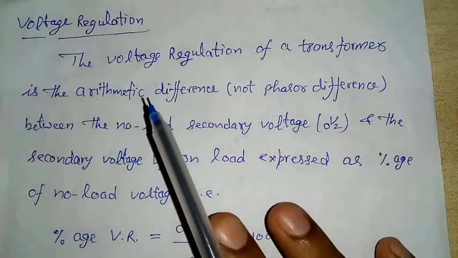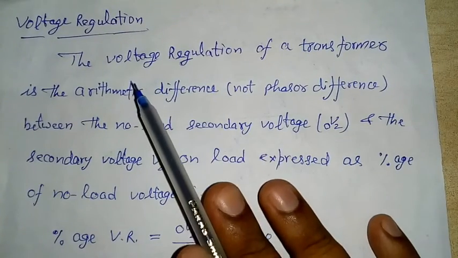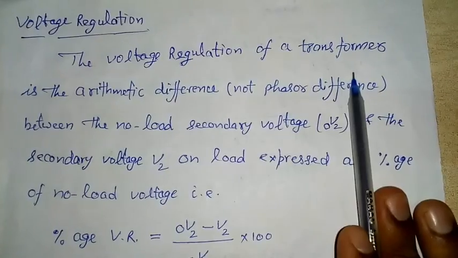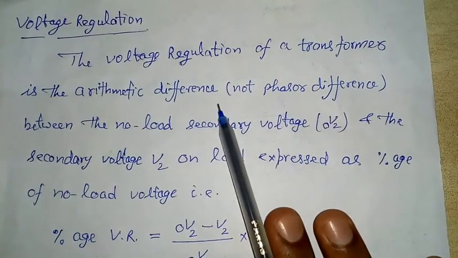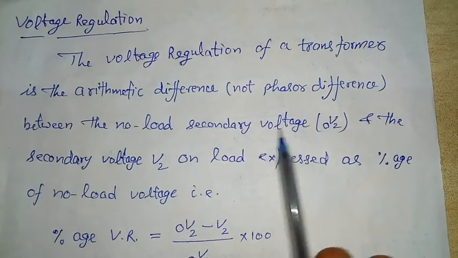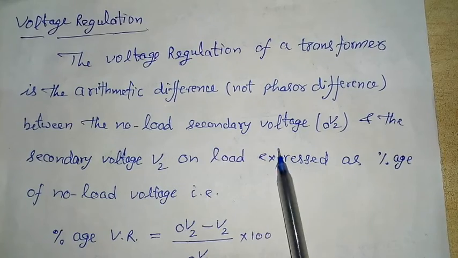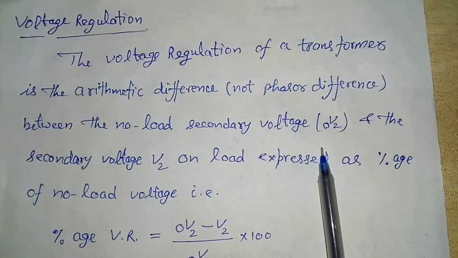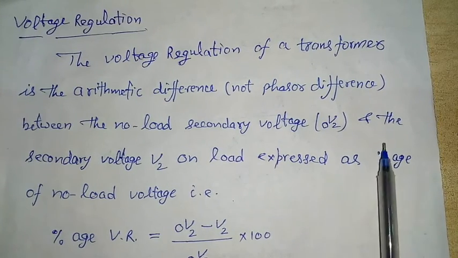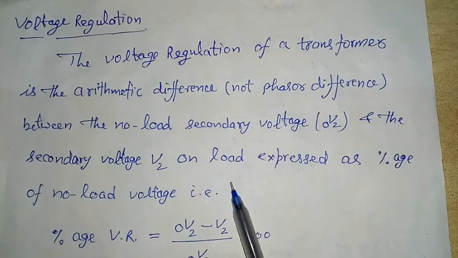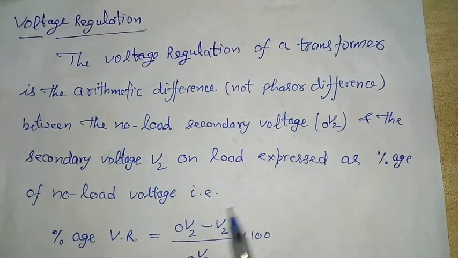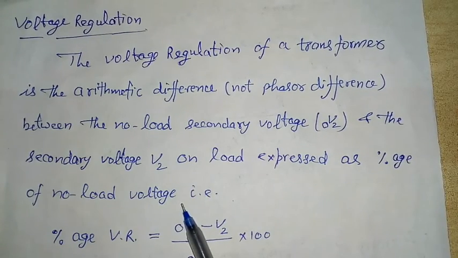Voltage regulation of a transformer. The voltage regulation of a transformer is the arithmetic difference, not phasor difference, between the no load secondary voltage OV2 and the secondary voltage V2 on load, expressed as a percentage of the no load voltage.